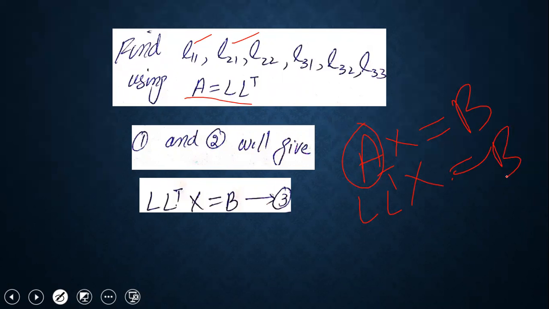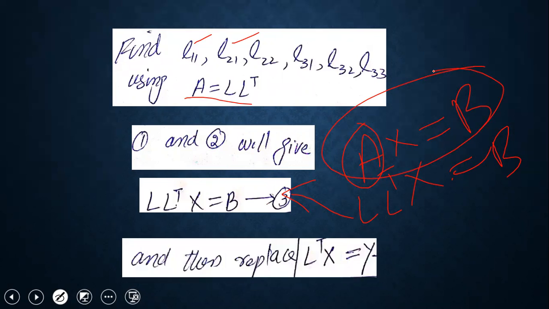So now this one is from the previous equations. And then replace L transpose X by Y. Now in this step, just replace this L transpose X by Y. So you will have LY is equal to B. Okay, this one.